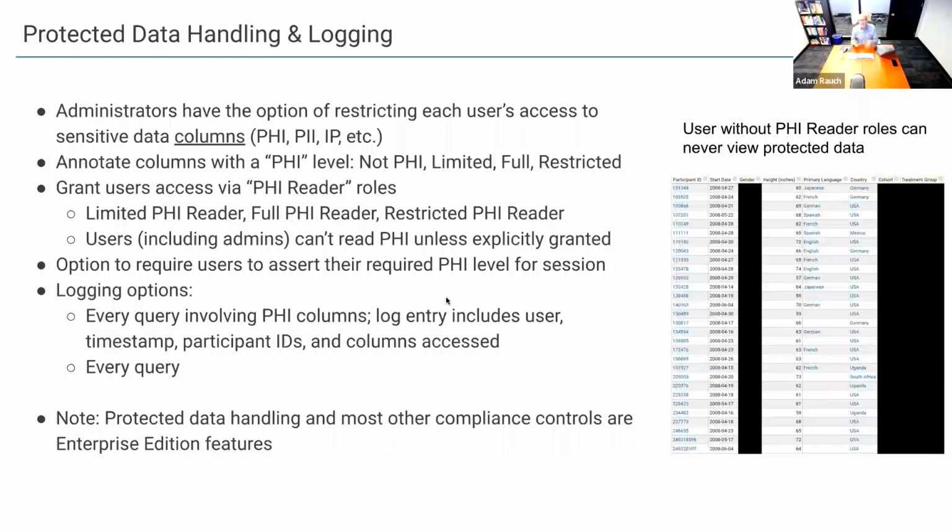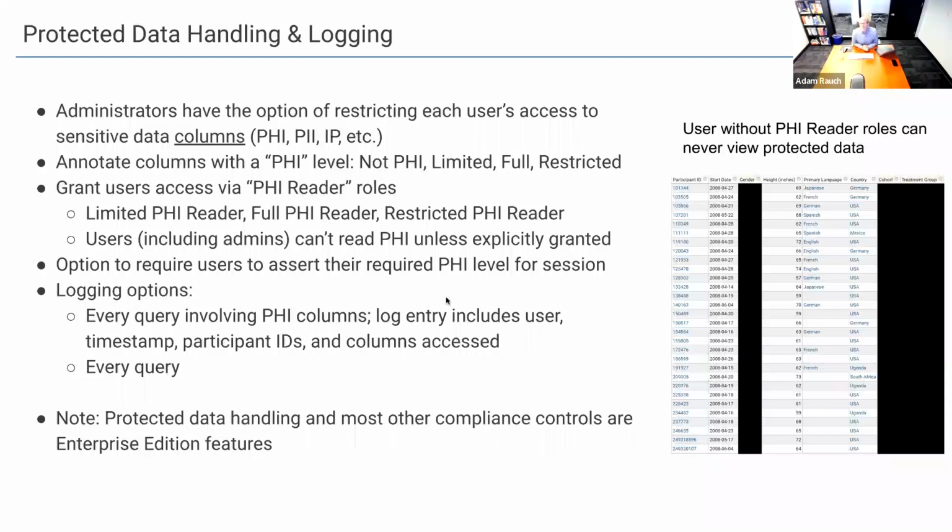When LabKey renders it, it's actually not in black, just an empty column shows up. Administrators also have the option of hiding those columns entirely, if that's desired. In this case, I just showed it in black to emphasize that those columns disappear.